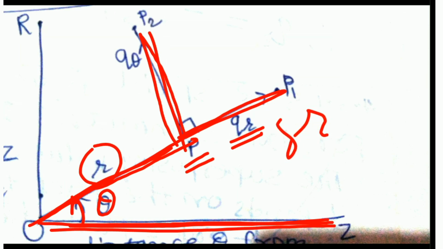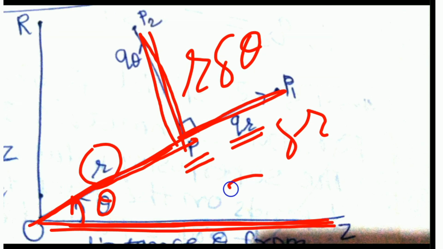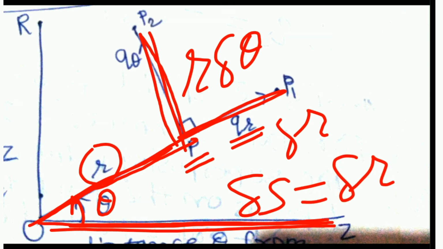The length PP1 and PP2 are respectively delta r and r delta theta, and take delta s equal to delta r.